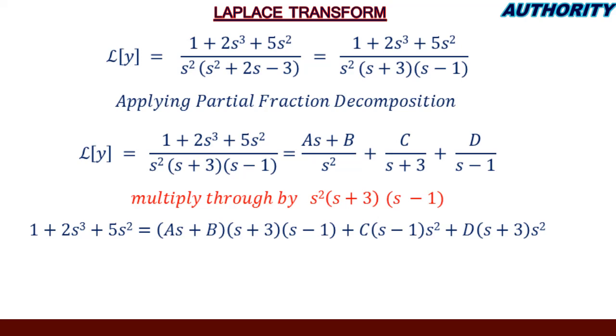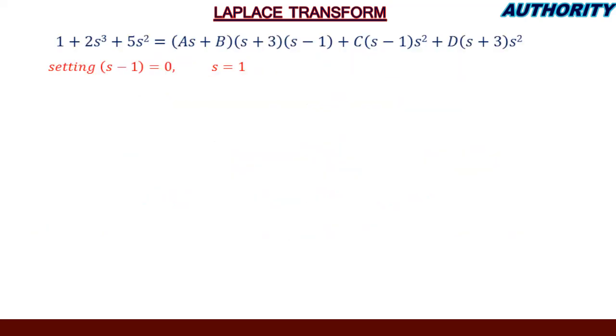So the first one, let's set the first factor s minus 1 to 0. That is, s is equal to 1. In this equation 4, anywhere we see s, we write 1. When we do so, we see that d is equal to 2.